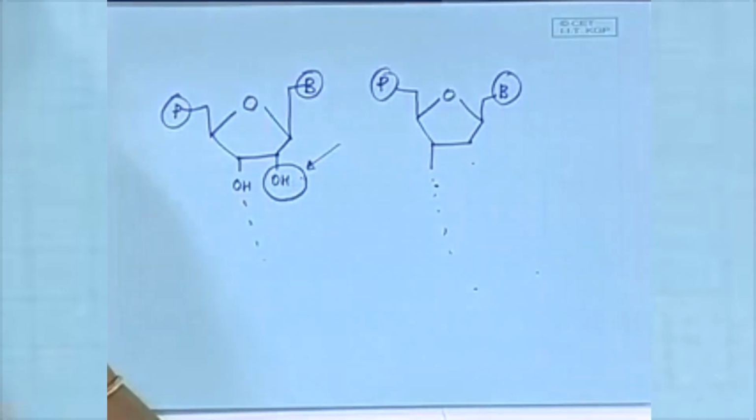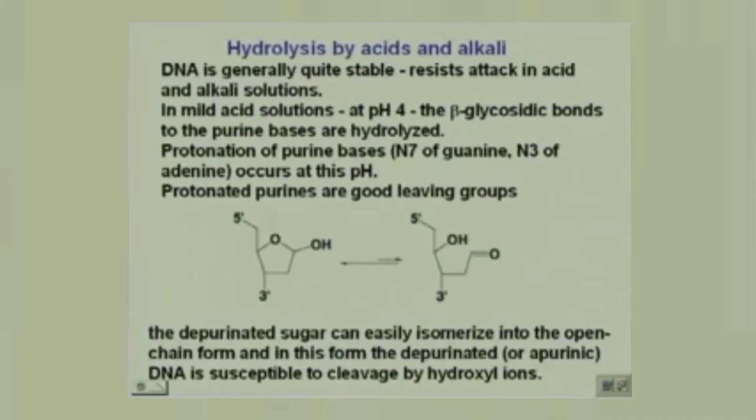So, DNA actually is quite stable, and in mild acid solutions at pH 4, we have a different kind of hydrolysis, whereby the purine bases themselves are hydrolyzed. Since the OH is absent at the 2' position, unlike RNA, the beta glycosidic bond to the purine bases is hydrolyzed, and we also have protonation of the purine bases.